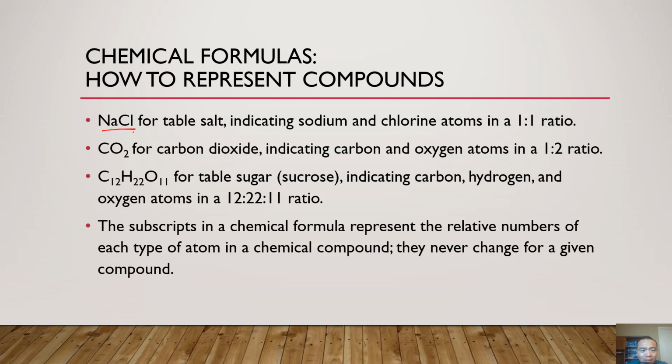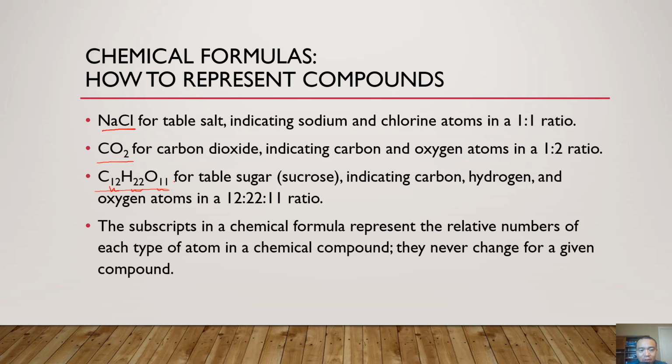Notice the 1 as the subscripts are not written. CO2, that means for every carbon atom, you have 2 oxygen atoms. For table sugar or sucrose, the elemental ratio between carbon, hydrogen, and oxygen is 12 versus 22 versus 11.